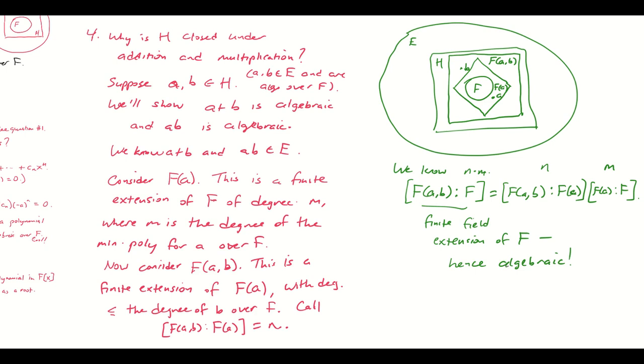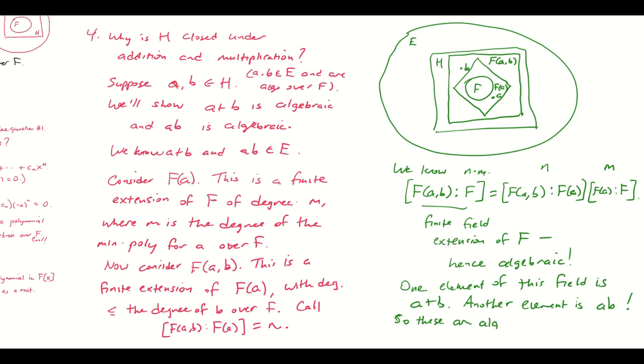And wouldn't you know it, one element of that field is A plus B, because this field contains both A and B. It's closed under addition, so it must contain A plus B. Another element, for that matter, is A times B. So both A plus B and A times B belong to an algebraic field extension of F, which means these are both algebraic. Awesome.